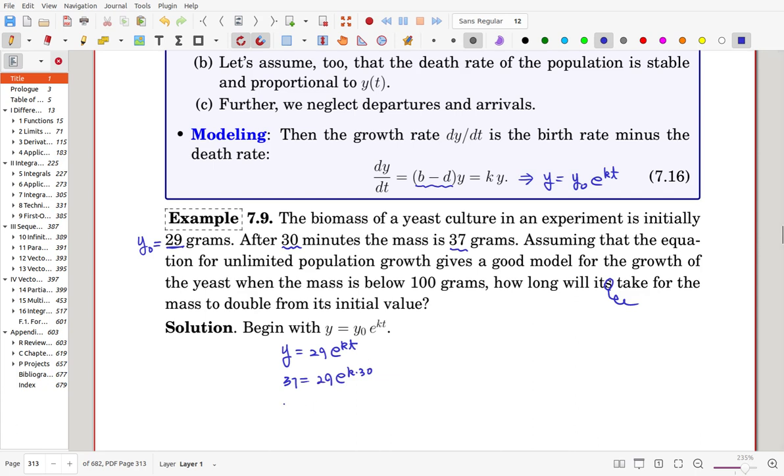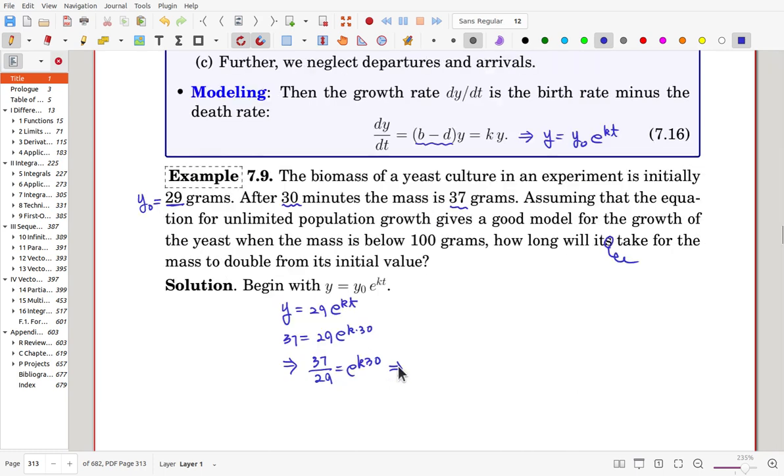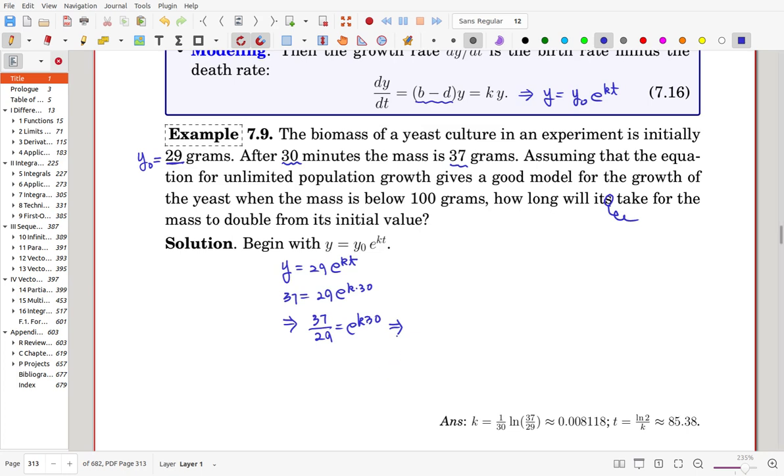From this, 37 over 29 equals e to the 30k. If we apply the logarithm to both sides, then that becomes 30 times k equals the natural logarithm of 37 over 29.